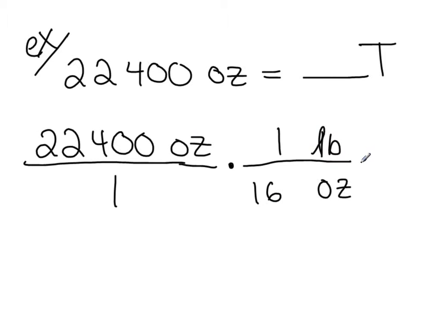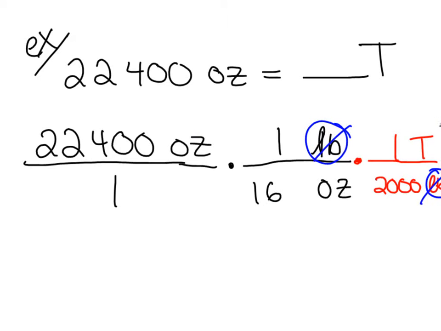Once we have that, we want to get rid of pounds. And we are told that in every 2,000 pounds, there is 1 ton. So pounds cancel out with pounds. And we're left with tons, which is what we want. Ounces canceled out too. So now all we have to do is this crazy multiplication.